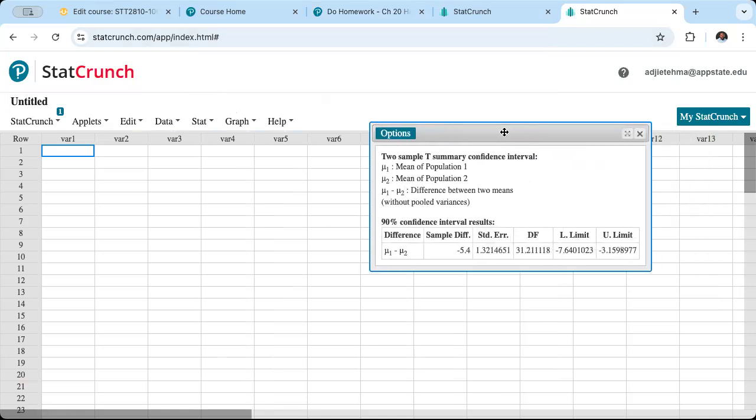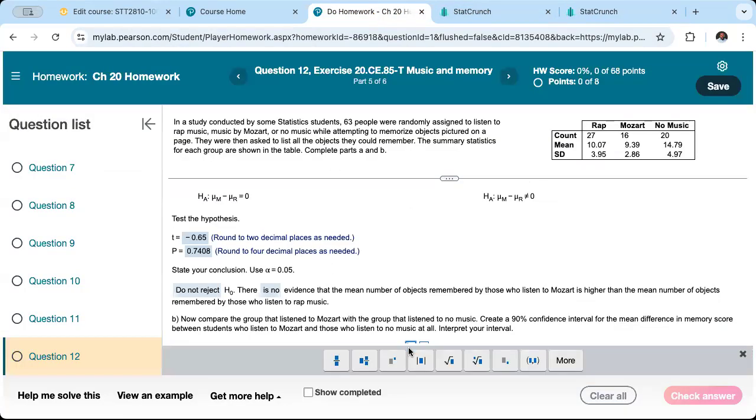My lower limit is negative 7.6401, and the upper limit is negative 3.15989.